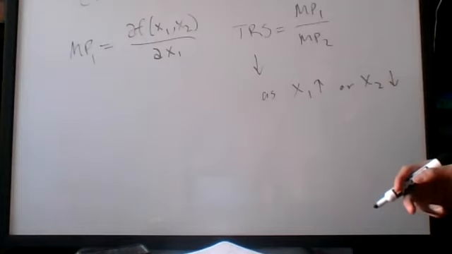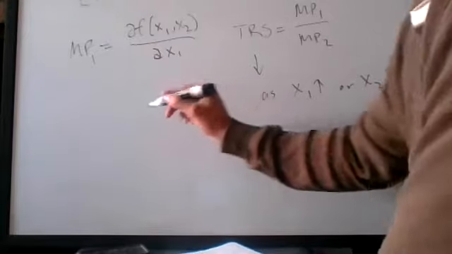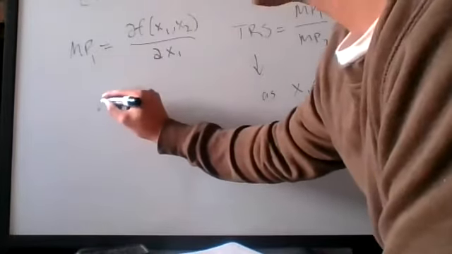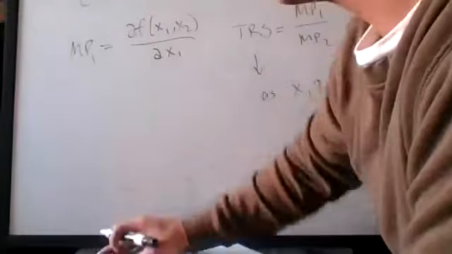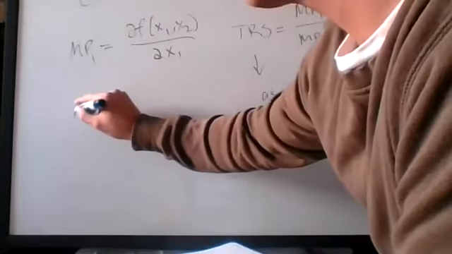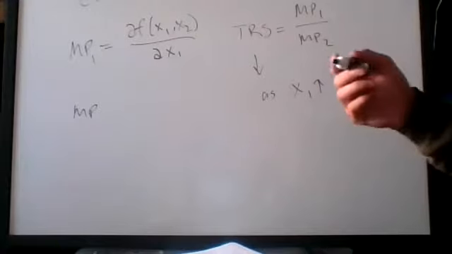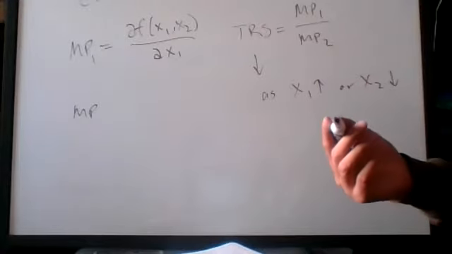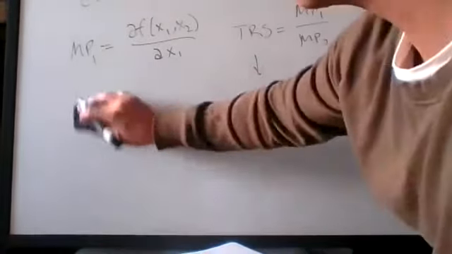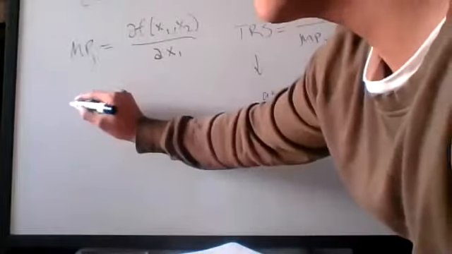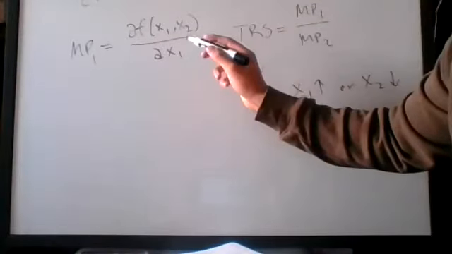Well, anything with diminishing marginal product, right, is referring to, I think, probably the second derivative. So if you have diminishing marginal product, the second derivative is going to be negative, right?